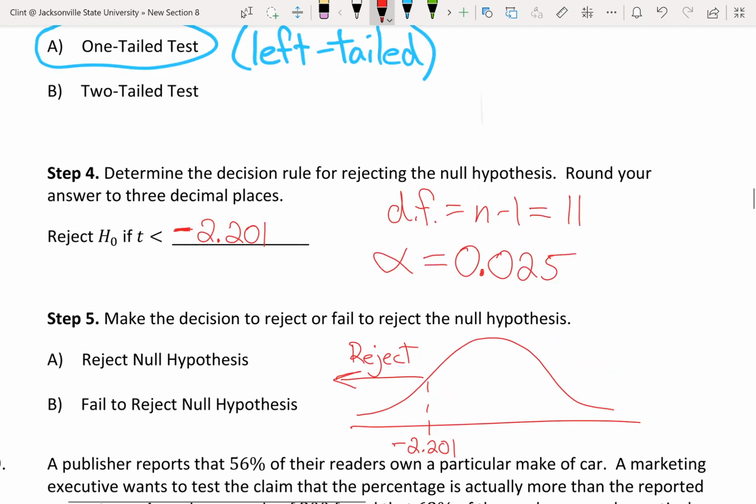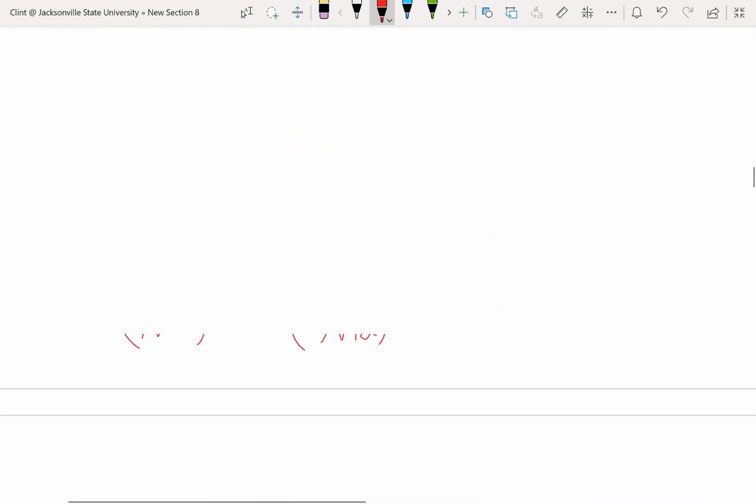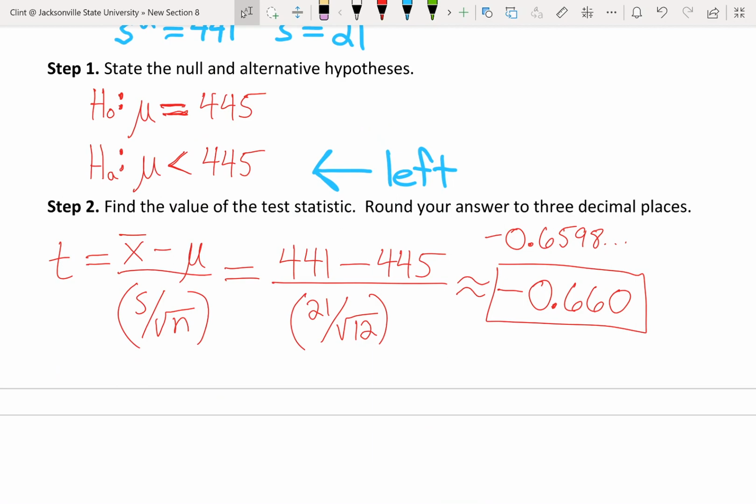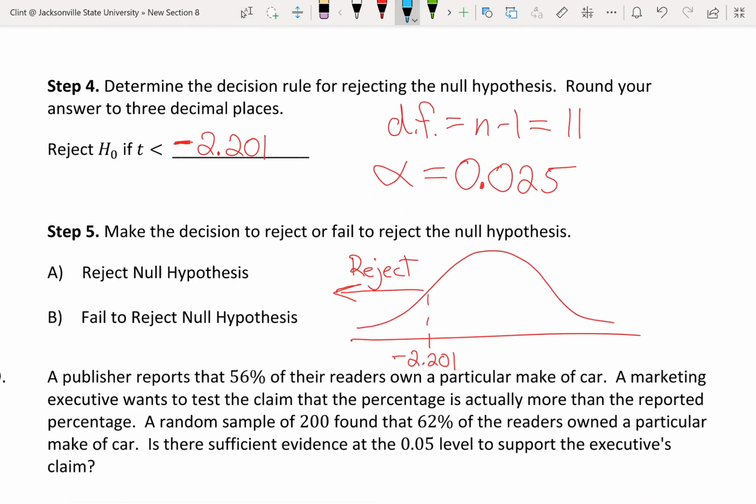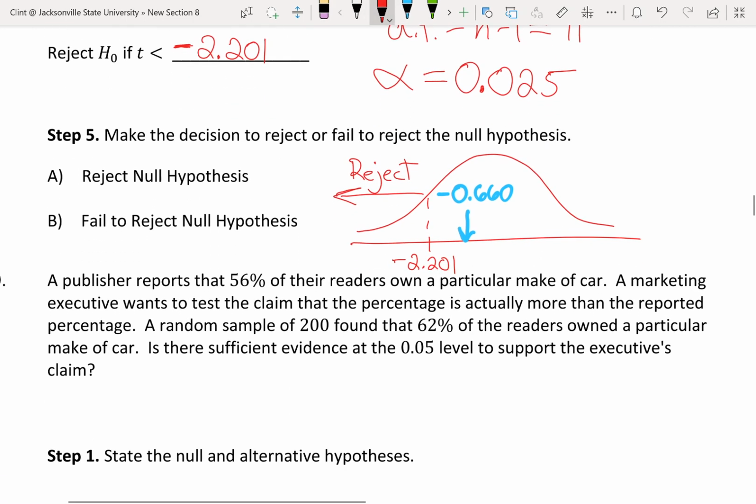If we look back at our test statistic, it was negative 0.660, which is not far enough to the left. So what's our conclusion? Our test stat was not in the rejection region, so we failed to reject the null hypothesis.